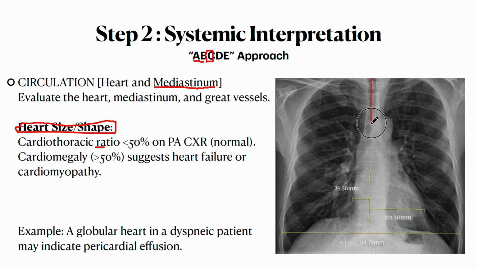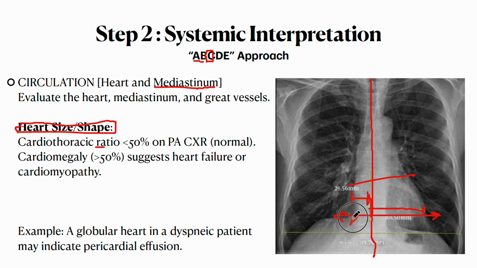So this is the midline. We have to measure from the midline here. This is the midline. And this is the maximum dilatation of the heart on the left side. And this is the maximum dilatation of the heart on the right side. So it does not always coincide. Some people use this as one single ratio, but that is actually wrong.